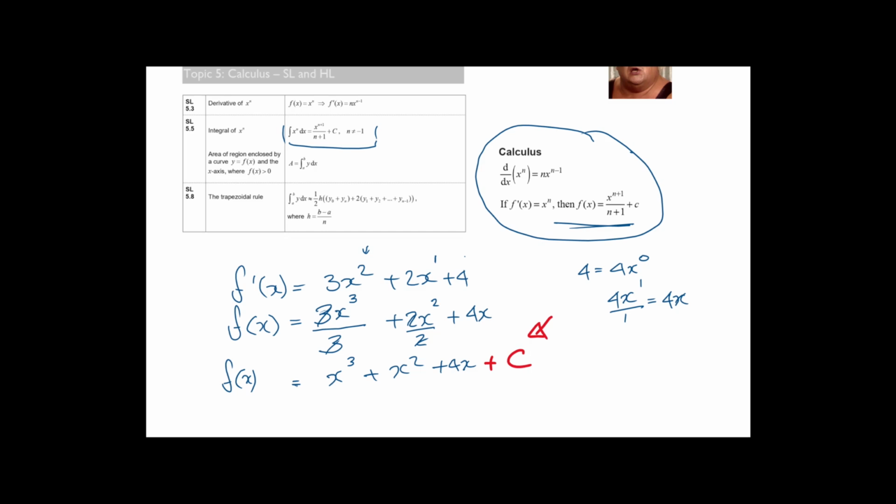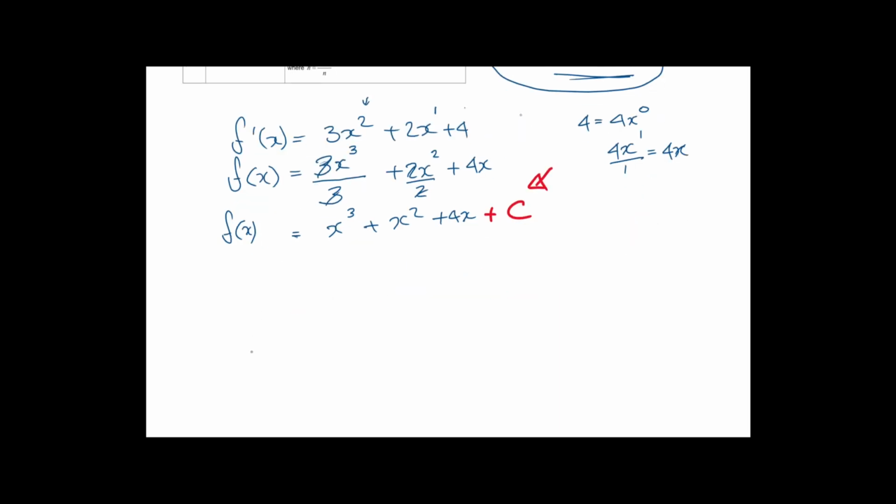All right. Let's do one more. So let's do it in the form that they give it to you in IB. So we've differentiated something, and it was 4x to the power of 5, plus 3x to the power of 4 minus 6x squared plus 2x plus 3.